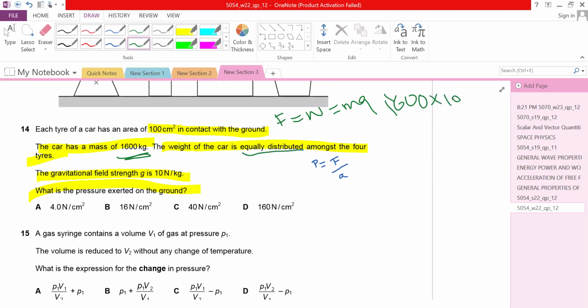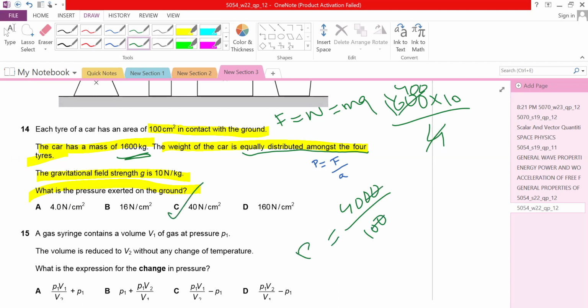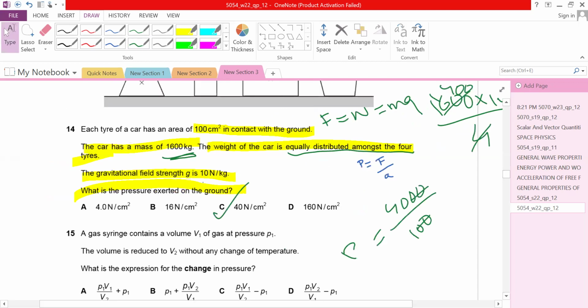It is written that the weight is equally distributed among the 4 tires, so divided by 4. 4 ones are 4, 400 into 10. So the force would be 4000. 4000 divided by 100 centimeter square, which is the area in contact with the ground. So the pressure would be 40 newtons, which means option C is correct for question number 14.